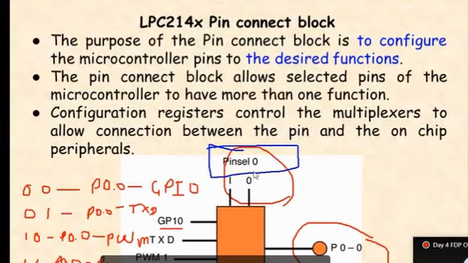That line will decide your function. So 0 0 means first function, 0 1 means second function, 1 0 means third function, and 1 1 means fourth function. This is the main part of general purpose input output or any pin of LPC2148. So all these pins are multiplexed.